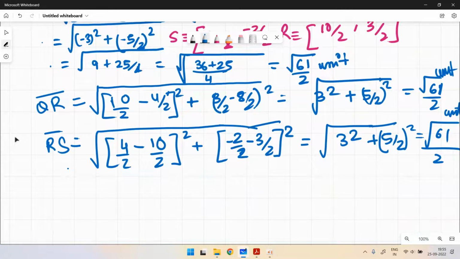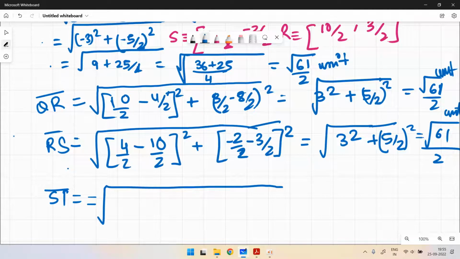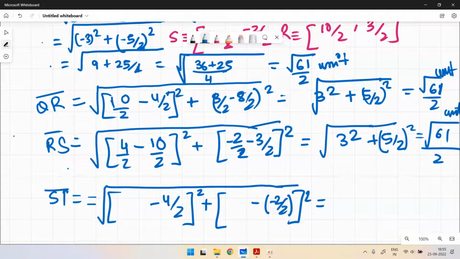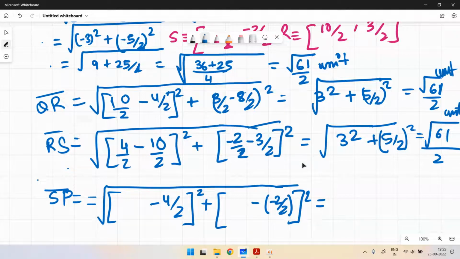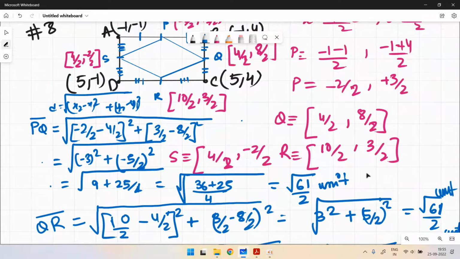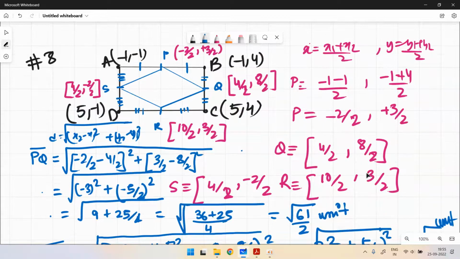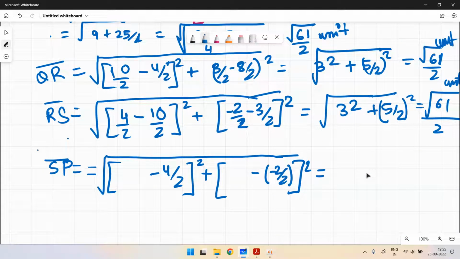And for PS or SP, if we calculate, PS will be (4/2 - (-2/2)) plus (-2/2 - 3/2), with P being (-2/2, 3/2).